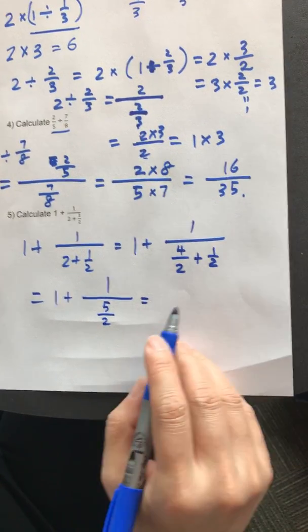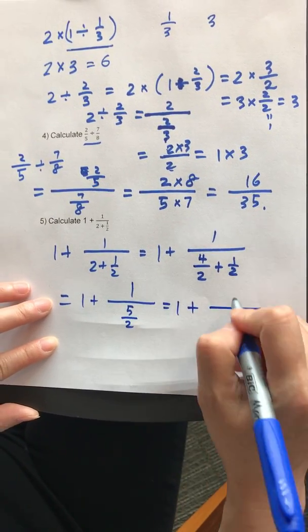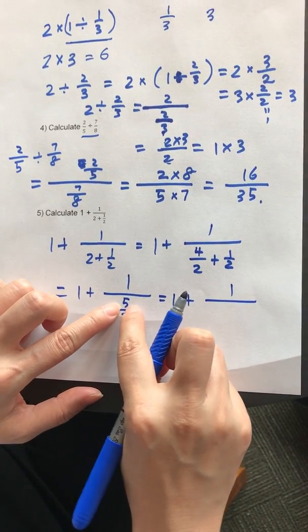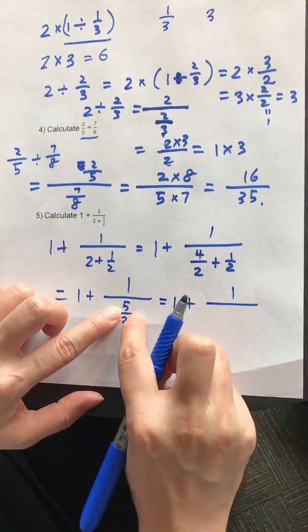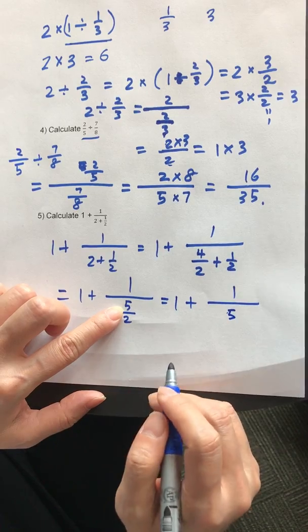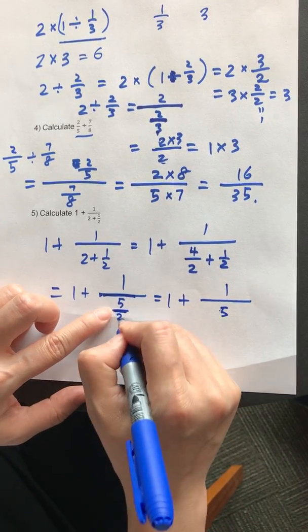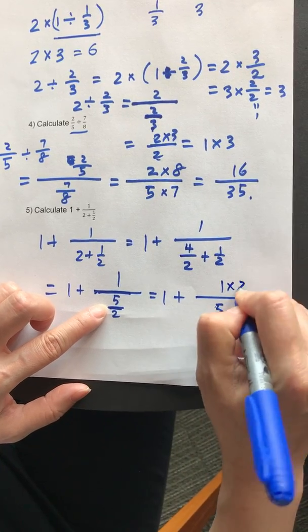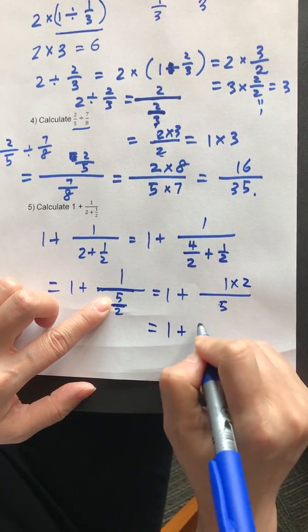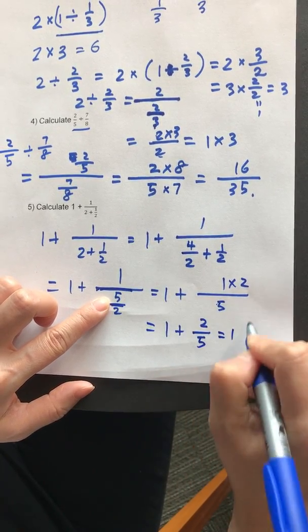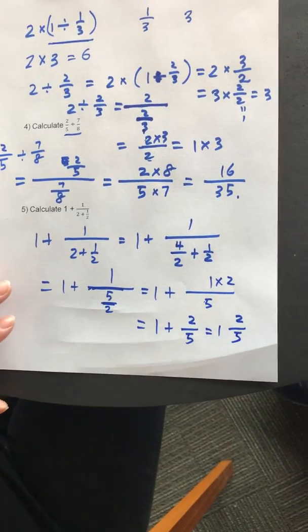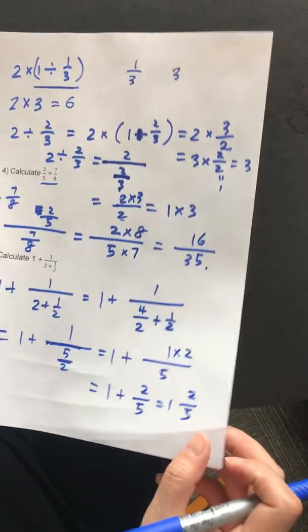Use what we just talked about here. 1 divided by 5, 5 only got divided once, so it remains in the denominator. 2 actually got divided once and twice, so you can flip it up into the numerator. So you will get this as the final answer.